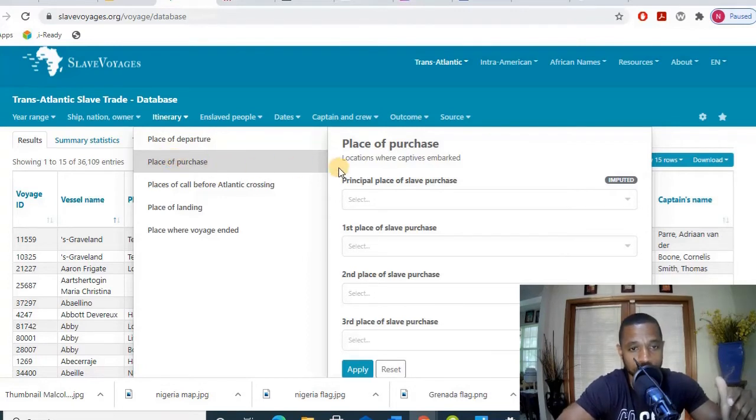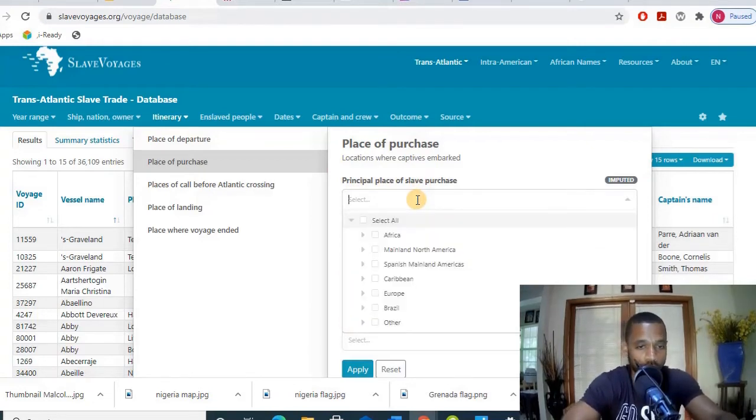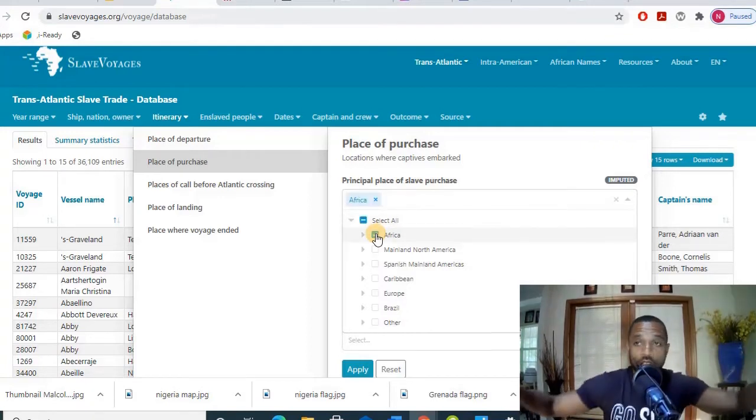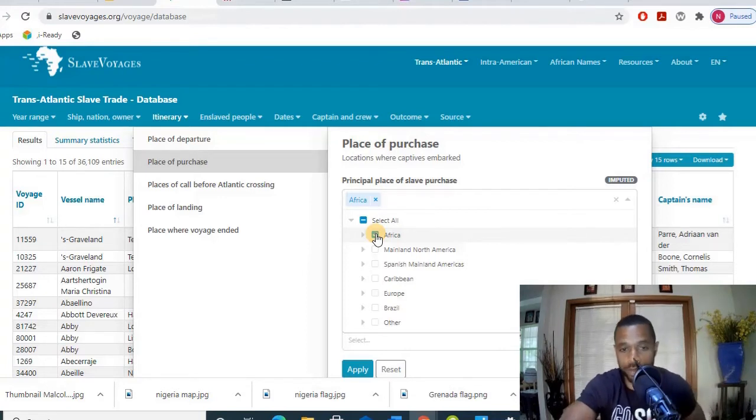I'm going to put principal place of slave purchase, and in there I'm going to put Africa, meaning general Africa. Because if I want to know which parts of Africa people that landed in St. George's, Grenada came from, then I have to put general Africa. I'm not going to put a specific region, though there's an option to do that as well. And I'm going to click apply.